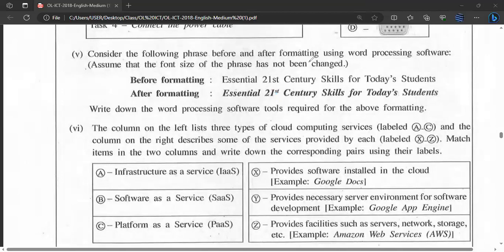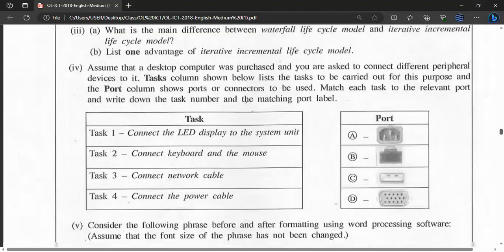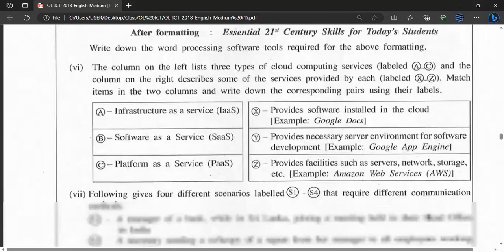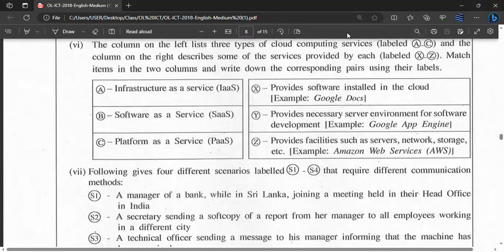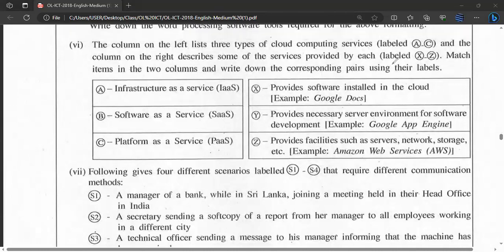Right. Then next one, the column on the left lists three types of cloud computing services labeled A to C, and the column on the right describes some of the services provided by each labeled X to Z. Match items in the two columns and write down the corresponding pair using their labels.